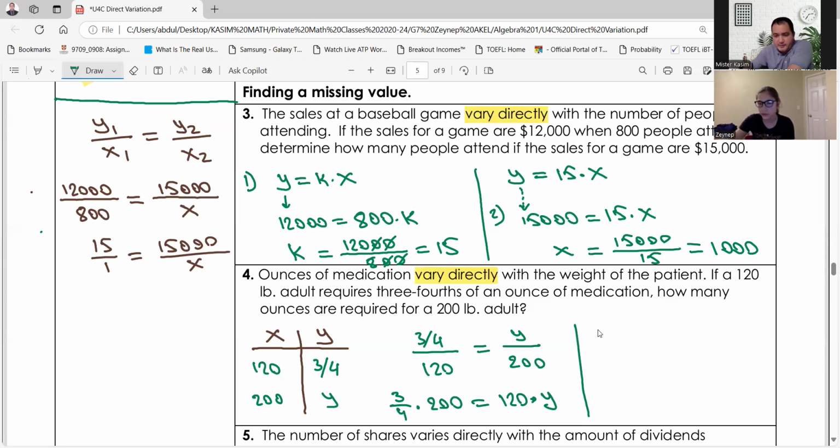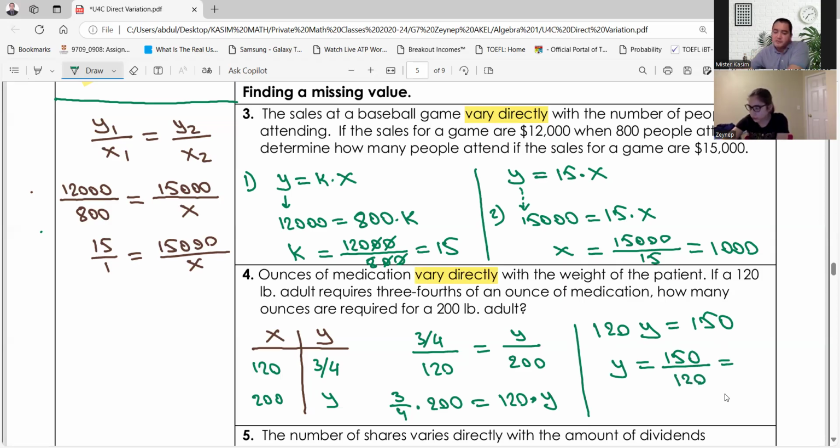So now here we have 120y is equal to 150. We move 120 to the right-hand side: 150 divided by 120.